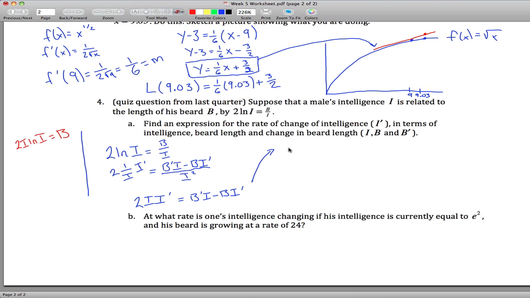Go up here, you got 2I prime, add this term to the left-hand side, plus B I prime equals B prime I. Factor out an I prime. And solve for I prime, which gives us this answer here.